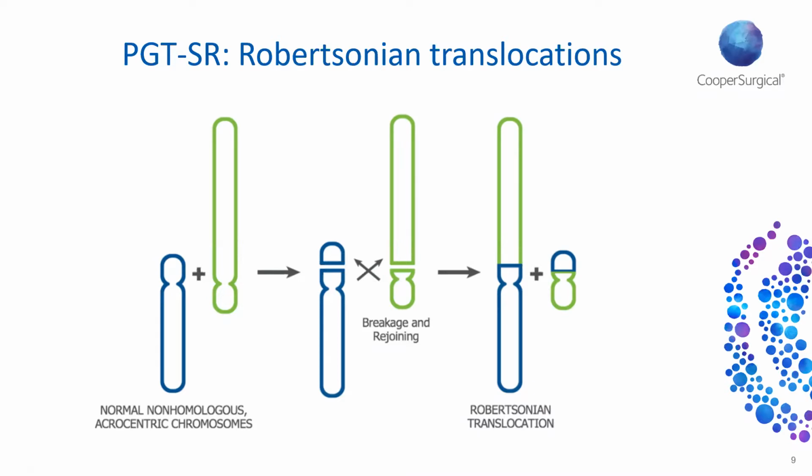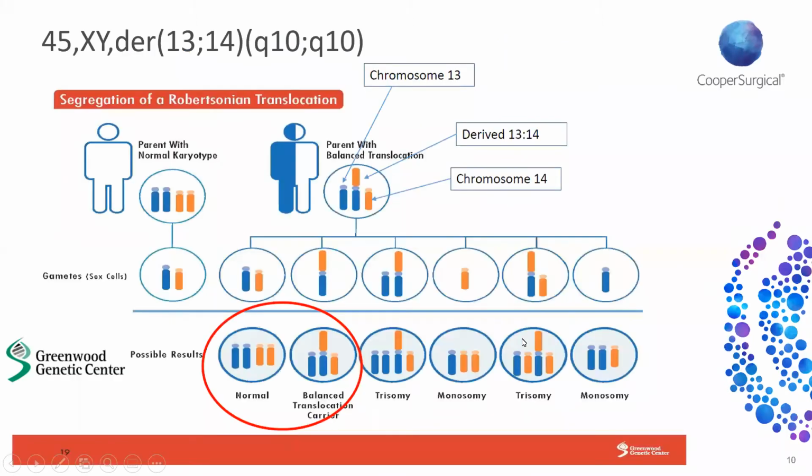Sometimes what happens in a balanced Robertsonian translocation is that two acrocentric chromosomes fuse together and create one derivative larger chromosome. That's a Robertsonian balanced translocation.